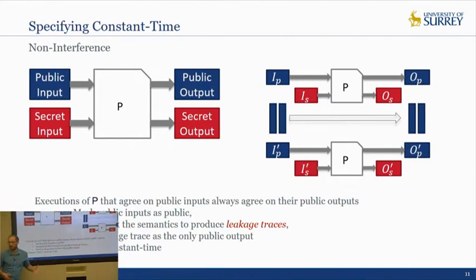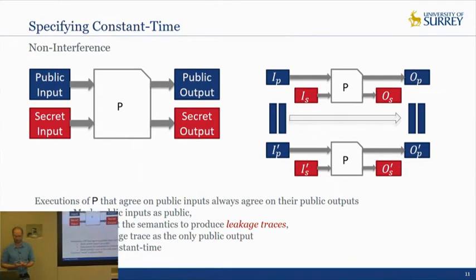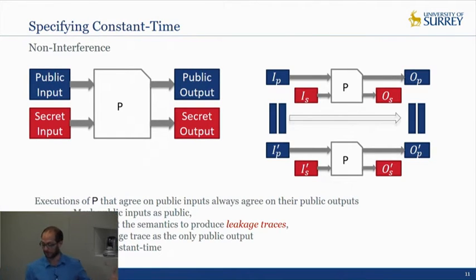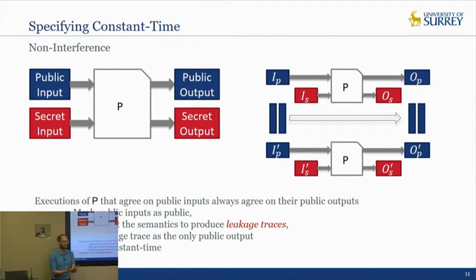And then how you can exploit this to verify constant time is that you mark public inputs as public inputs. And again, this marking of public is something that we trust in this particular setting, but that would be informed by whatever security property you want to prove. You instrument the semantics of the program to produce leakage traces.